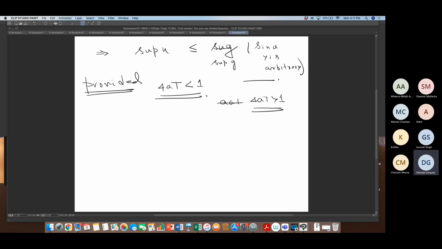Just think about it. T is some fixed number, T is less than infinity. Any idea? So you have done it for when 4aT is less than 1. So what will you do?